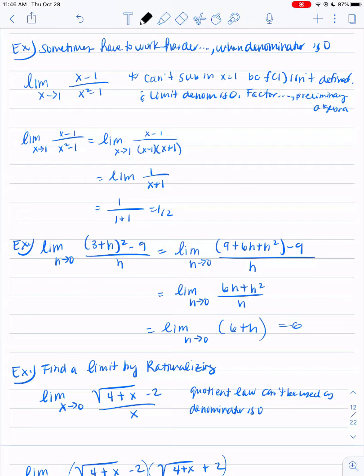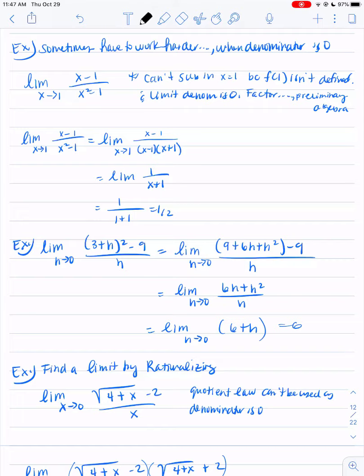Because when we plug in 1, we have 1 minus 1 is 0 over 1 squared minus 1 is 0, so 0 over 0. So f of 1 is not defined here, and the limit of our denominator is 0. So we could factor and do some preliminary algebra in order to solve this limit.